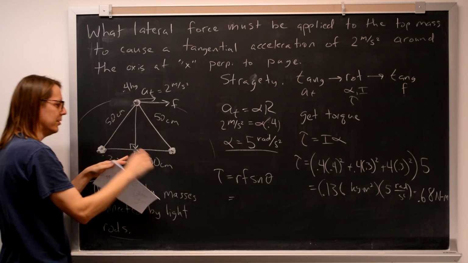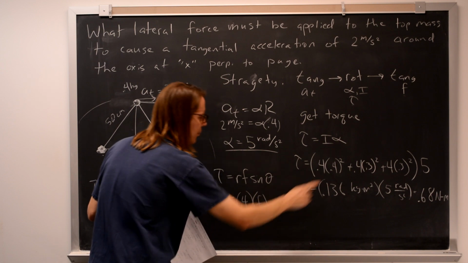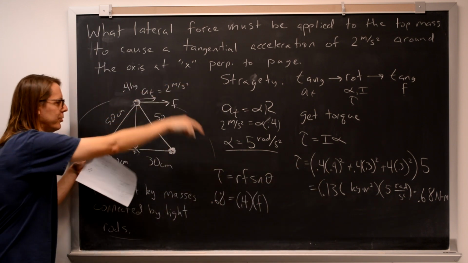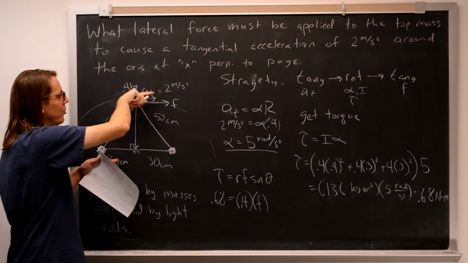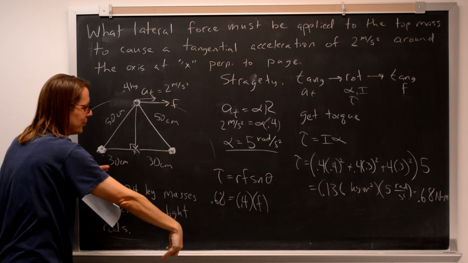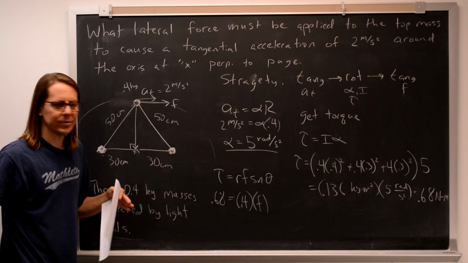It's 40 centimeters, again 0.4. The force is what we're looking for. The torque is 0.68. And the angle, since this is just pulling it around in circular motion, you know, it says a lateral force that won't really continue in circular motion, but we really just made it this instant. You could assume the force goes around, but at this instant it's lateral. Anyway, it's sine 90 degrees.